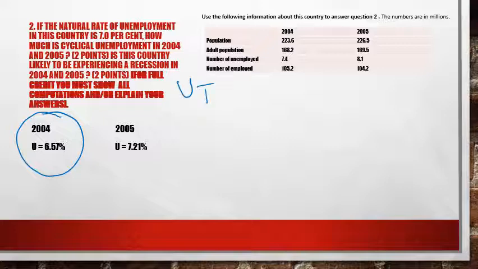The total unemployment rate is equal to the natural unemployment rate, which is 7%, plus the cyclical unemployment rate. What we're trying to calculate is UC, the cyclical unemployment rate, and that's going to tell us whether our country is undergoing a recession.